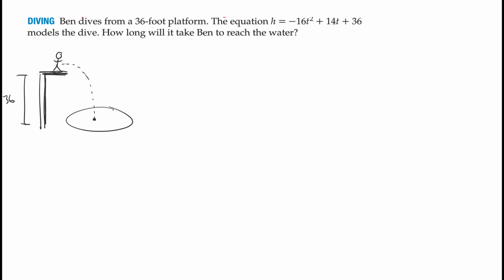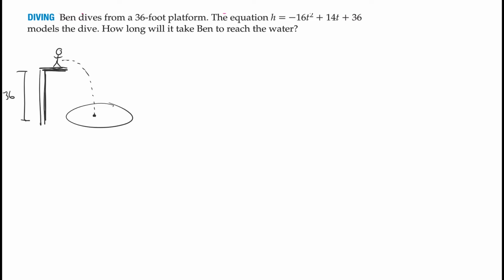And it's kind of interesting that that equation, which we know is a parabola, so it has a shape like this, models what you would expect a guy jumping off a platform to look like. It has that nice swoop as he goes down.